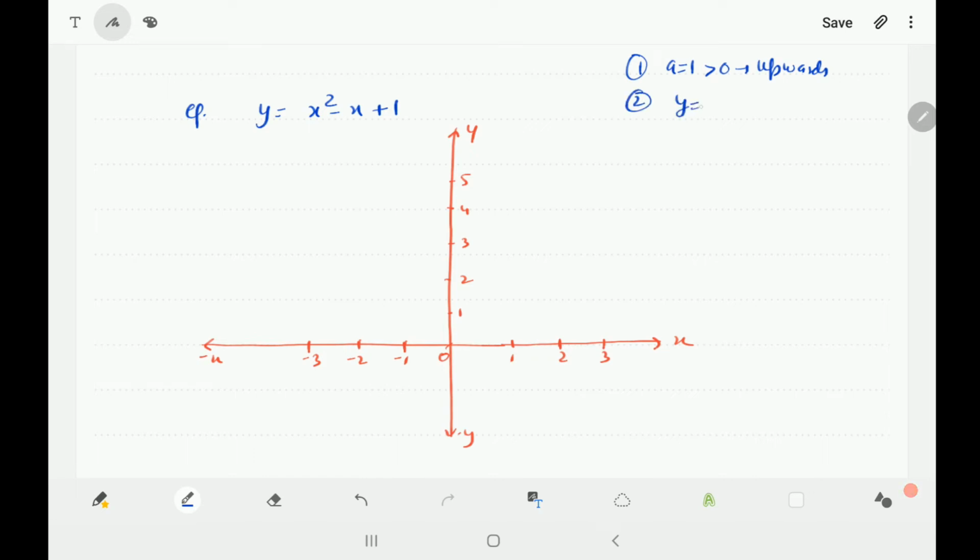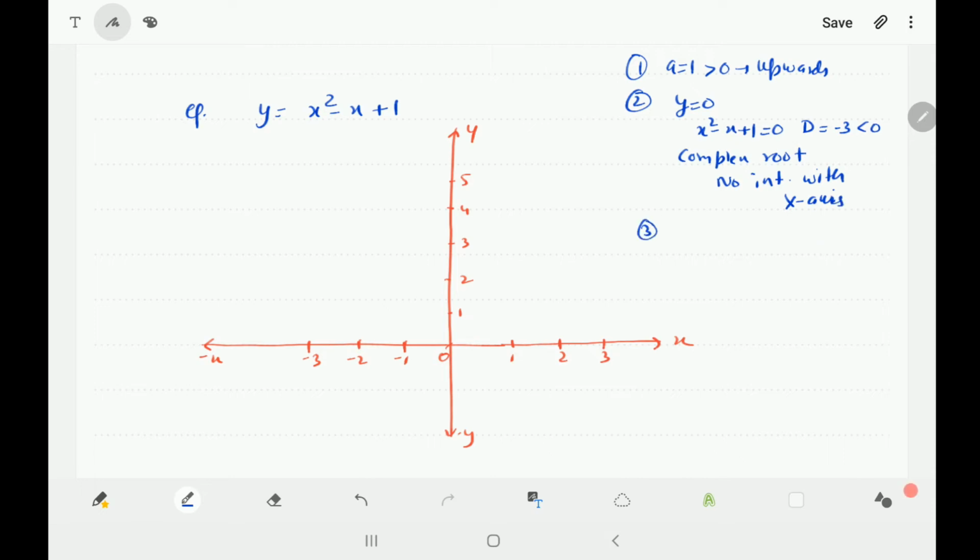For that you have to put y equal to 0, so you get x² minus x plus 1 equal to 0, and D is minus 3, which is negative, hence this won't have real roots, so it will have complex roots. It means it won't intersect the x-axis. So the graph won't intersect the x-axis.